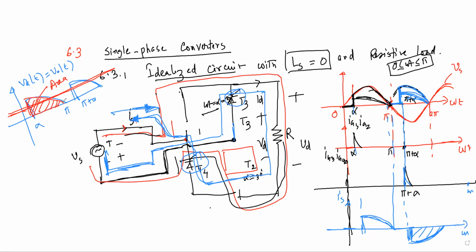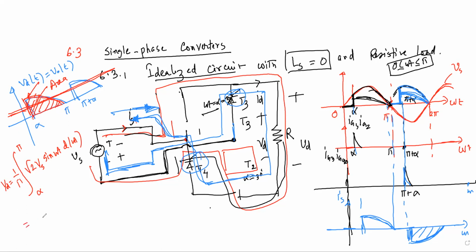So area is, if you know the equation of this line, then you integrate it between your alpha to pi, and we know the equation of this, right? This will be nothing but your Vs. So √2 Vs sine of omega t d of omega t, and then integration will be from alpha to pi, and then you have to divide it by pi, because it is repeating after a half cycle, right?